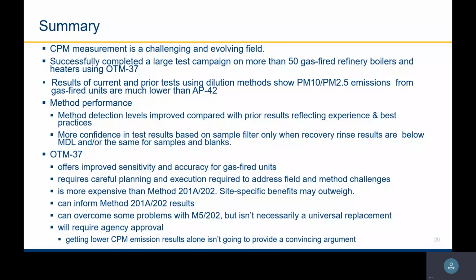This method is typically lower. But the standard deviation between the results on this method is much better than the standard deviation on the 201A and 202, which gives us better precision, which leads us to believe that we're getting a more accurate result. So that's pretty much it.